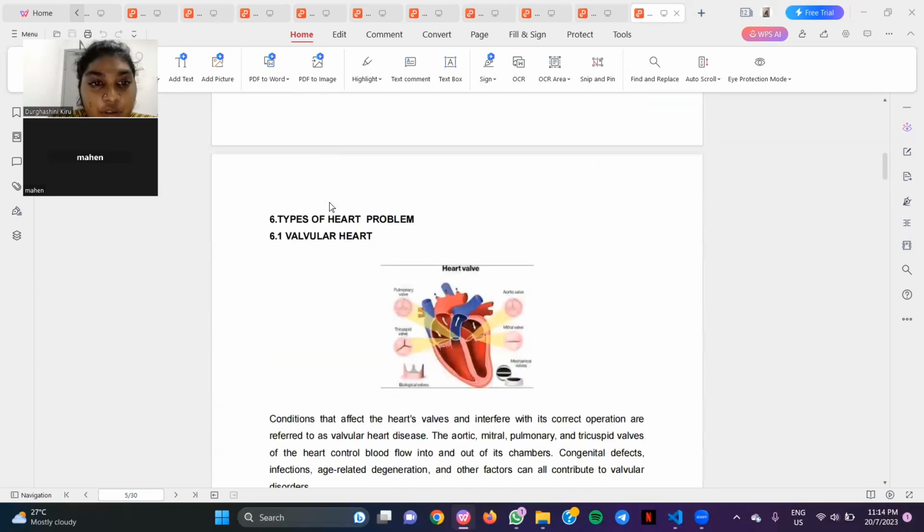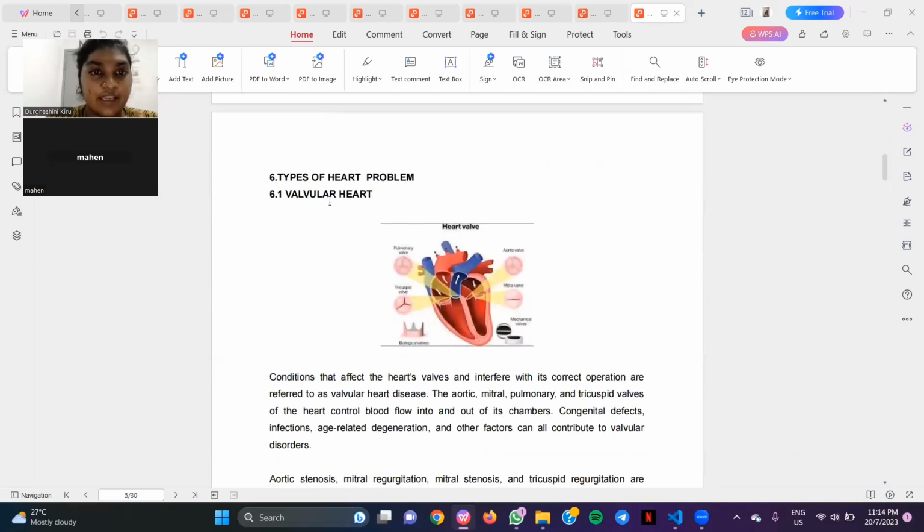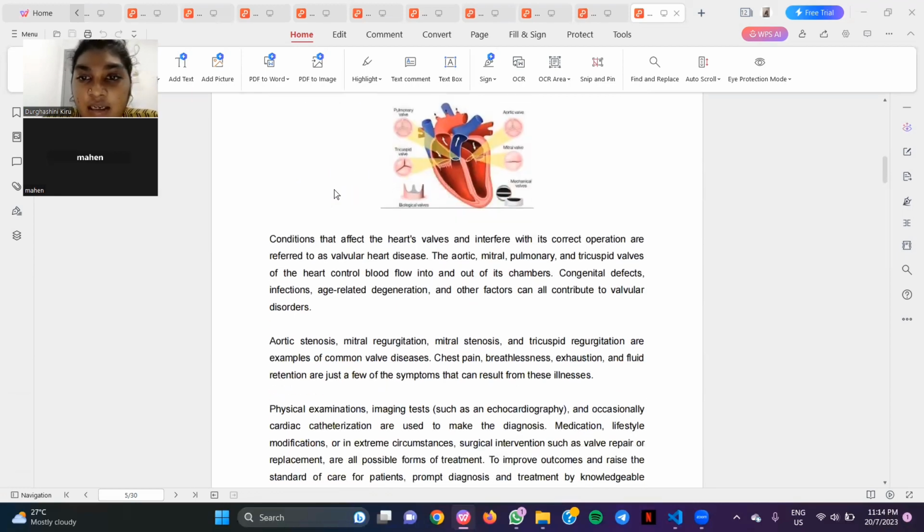Next, we have four types of heart problems. First is valvular heart disease. It affects the heart valves, through age-related degeneration and many other factors that can cause this disorder.